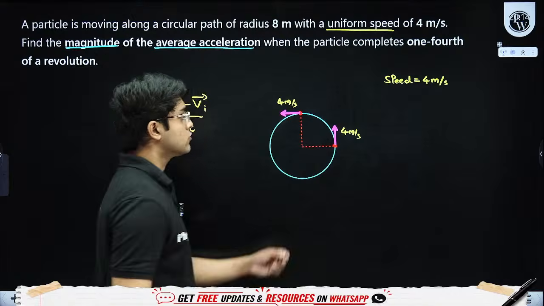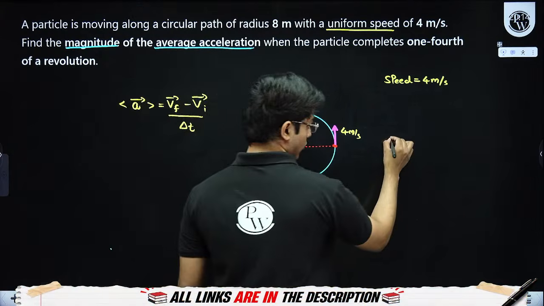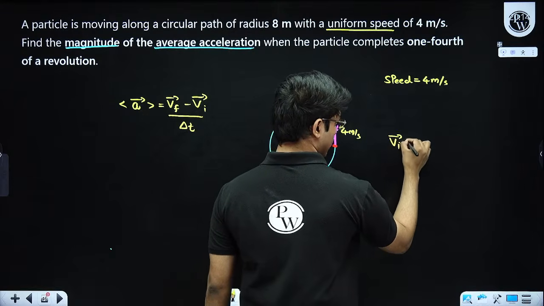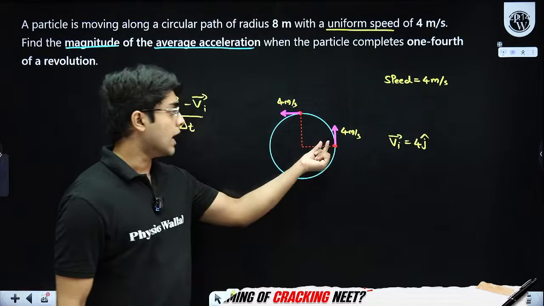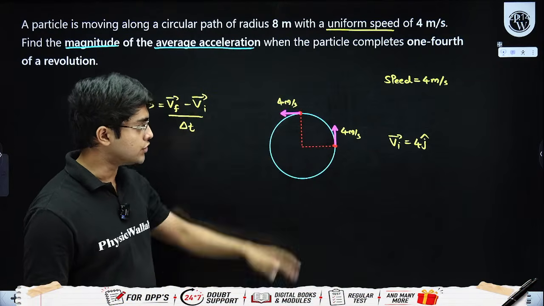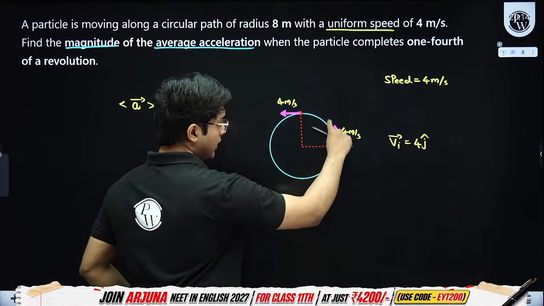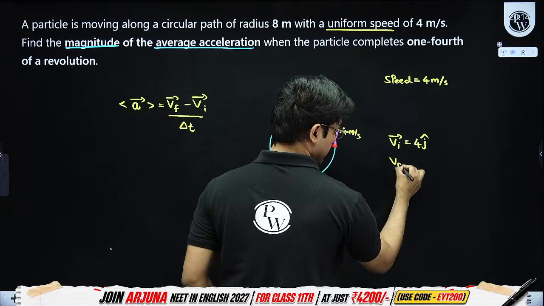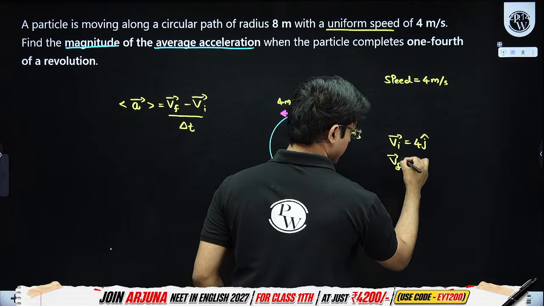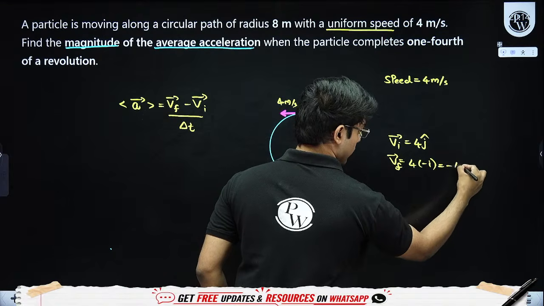So what is the initial velocity? 4 upwards, so I can write it as 4j cap, considering the up direction as j. Finally, it is 4 to the left, which I can write as minus 4i cap.